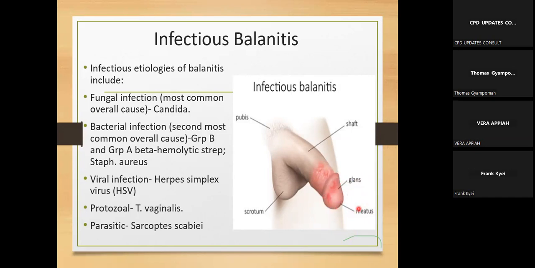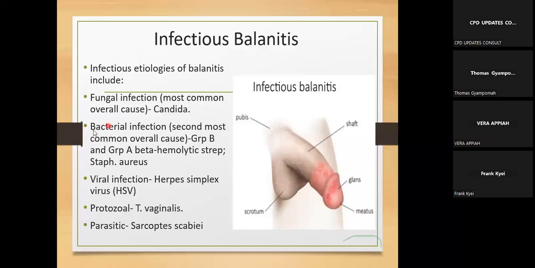So look for antifungals rather than going in for some other antibiotics. That's why I'm saying it's very important to look at some of these things, so that you know the commonest is Candida, so probably you need to treat it with antifungal rather than going for something else. I hope that you are following the discussion. Good. So the fungal infection is the commonest cause for balanitis.